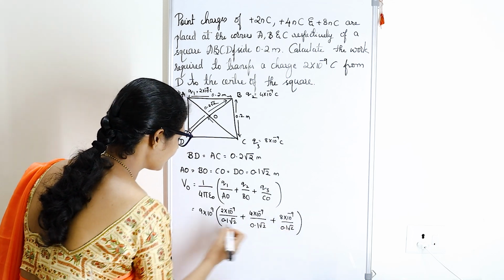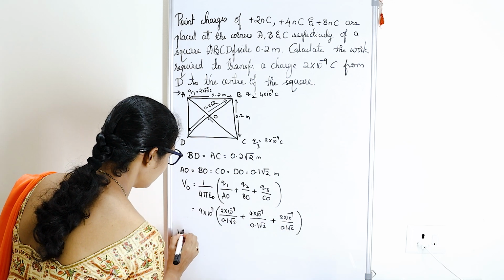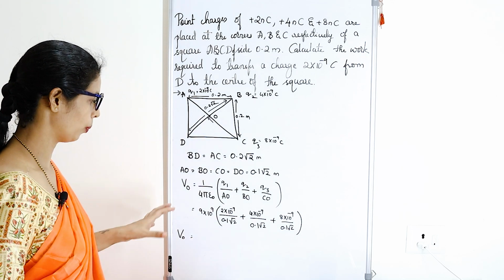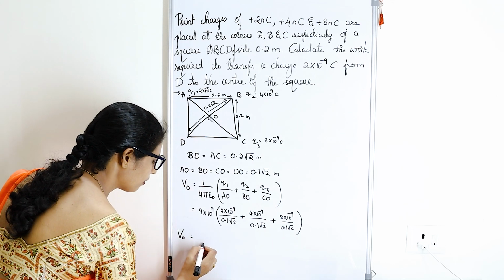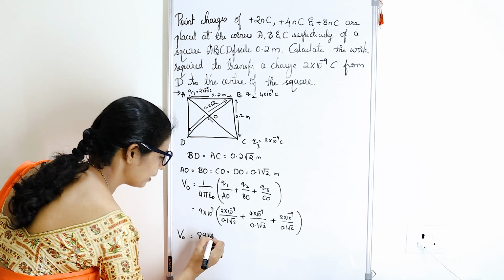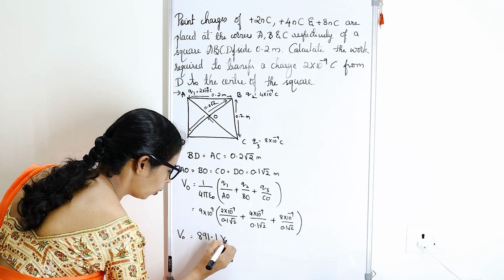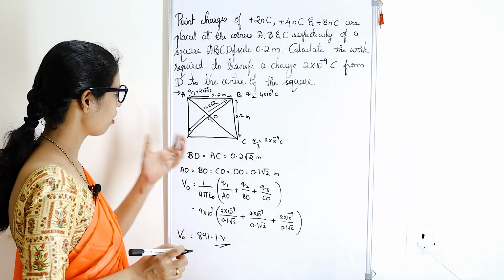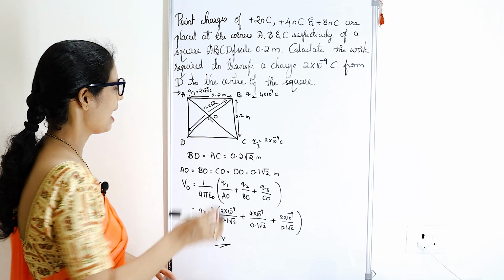Calculate and get the value for the electric potential at O. It is 891.1 volt.